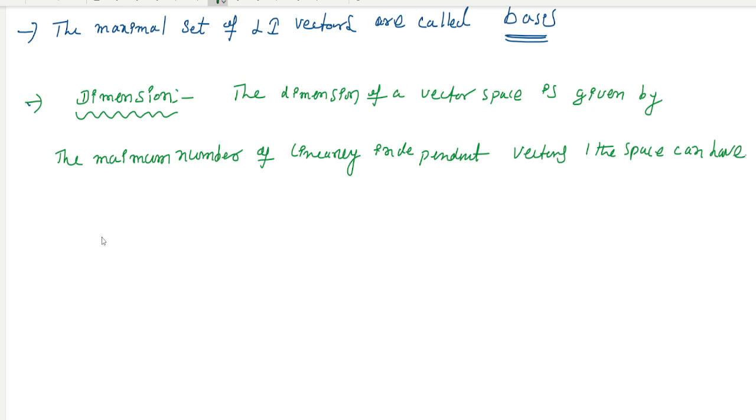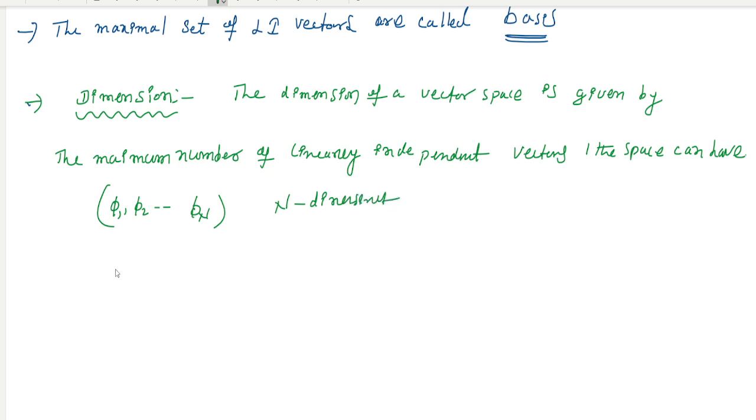If the maximum number of linearly independent vectors is n, then we can call that an n-dimensional space. For example, if we take psi1 and psi2 and so on psi n, then we can call this an n-dimensional space.